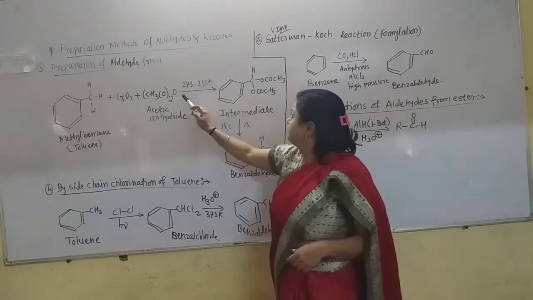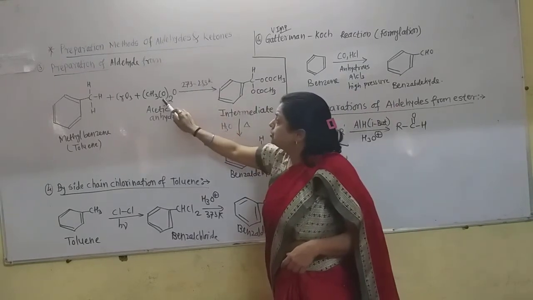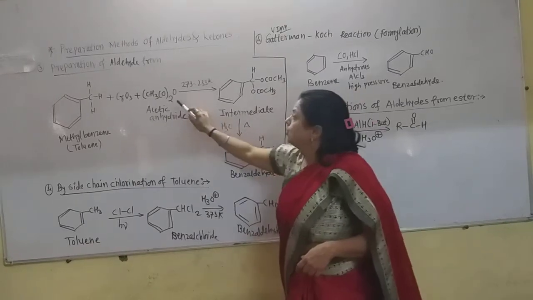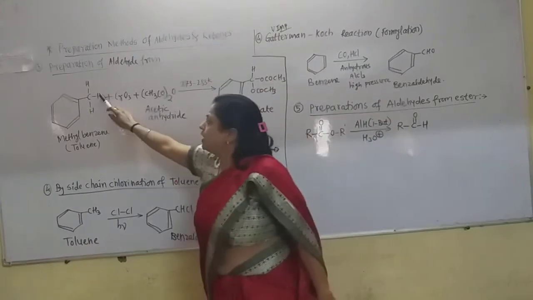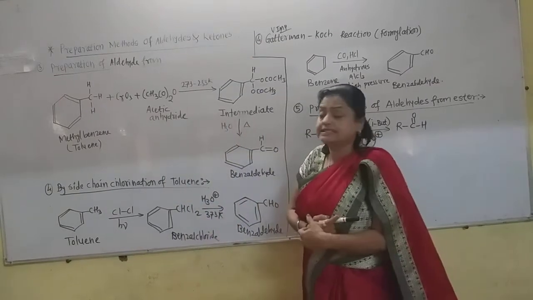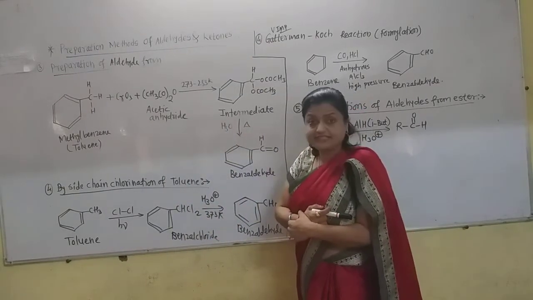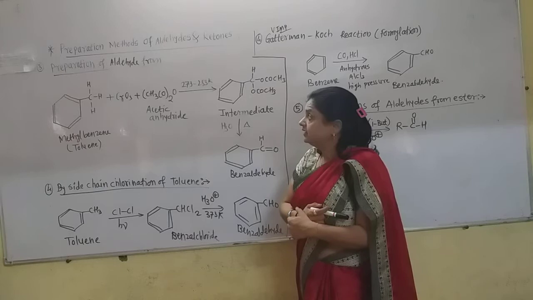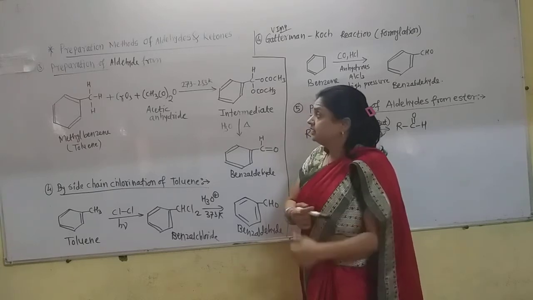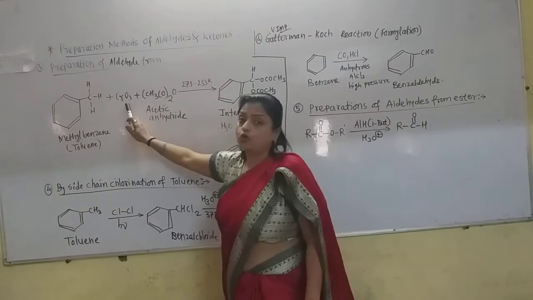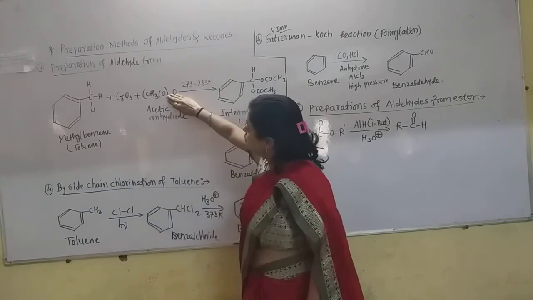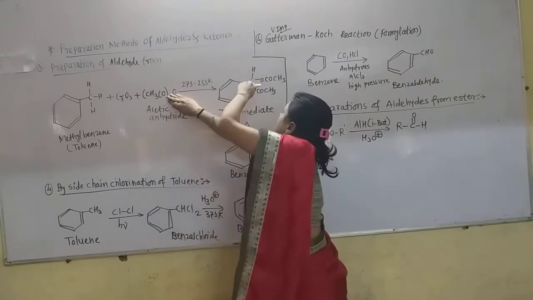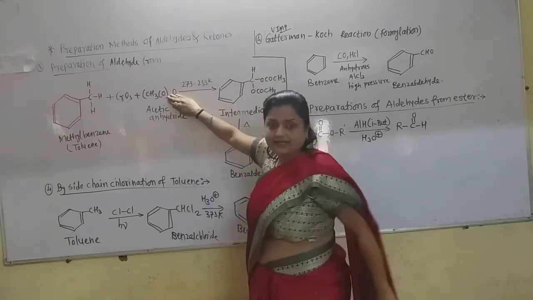Now these OCOCH3 groups replace the two hydrogen atoms of this methyl group which is attached to the benzene. Now the chromic oxide provides one of the oxygen atoms. Now see this OCOCH3, OCOCH3 is there.